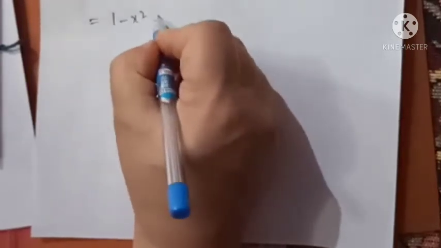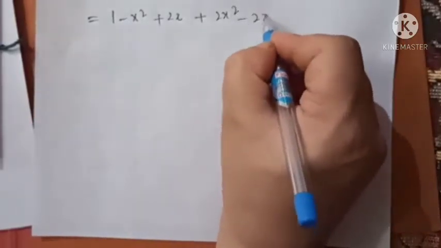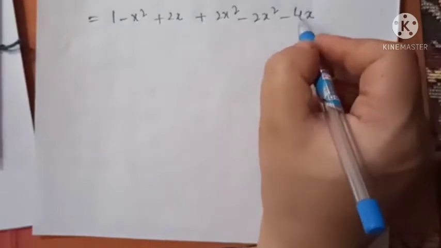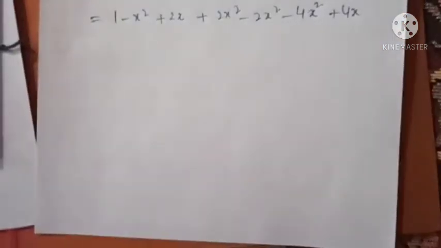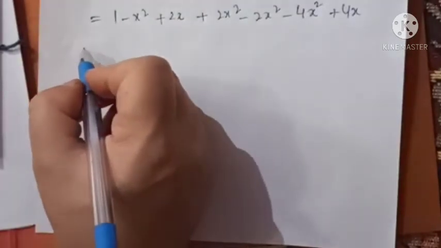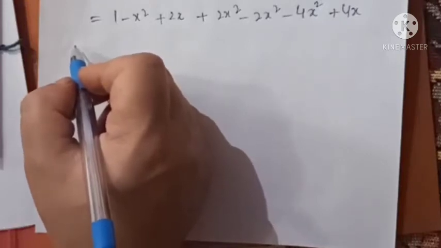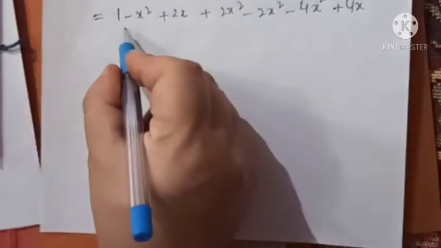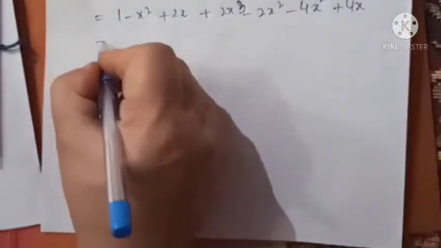1, x minus x square plus 2x, this is plus 2x cube, minus 6x square, minus x square plus x, okay. One second, let me cross check whether this is correct or not.